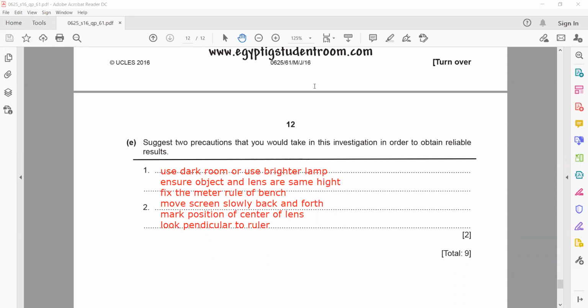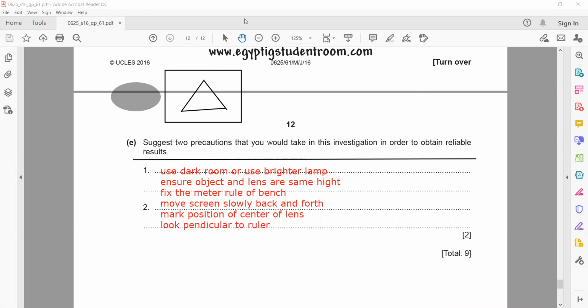Use a dark room or a bright lamp. If this object was a triangle, because normally what we do is cut a shape of a triangle in a cardboard and place a lamp at the back of it. So when the light comes out, it comes out in the shape of a triangle.